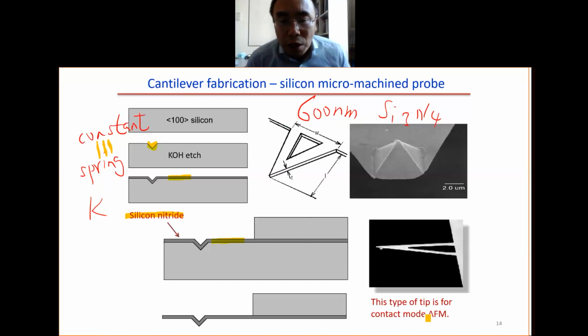Also, if you want to measure soft material like biological material, you need a very, very soft cantilever. This is done by the silicon nitride. For the silicon nitride, the tip shape is a pyramid, and usually it has a triangular shape to prevent twisting of the very thin cantilever.